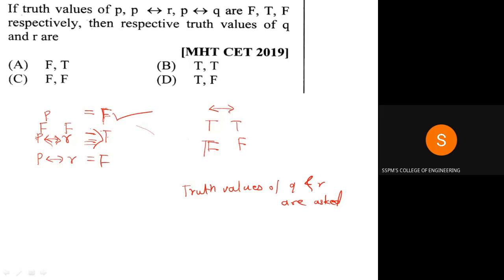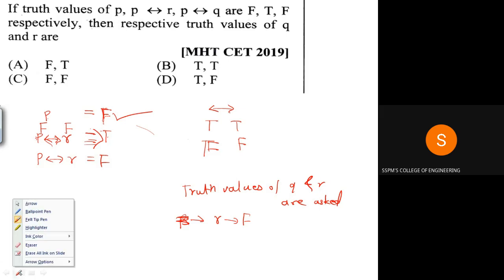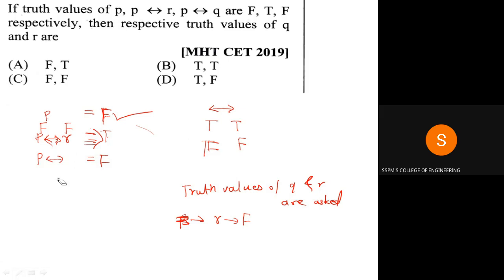So the value of R is false. Now, P implies and implied by Q is F. This is given here.